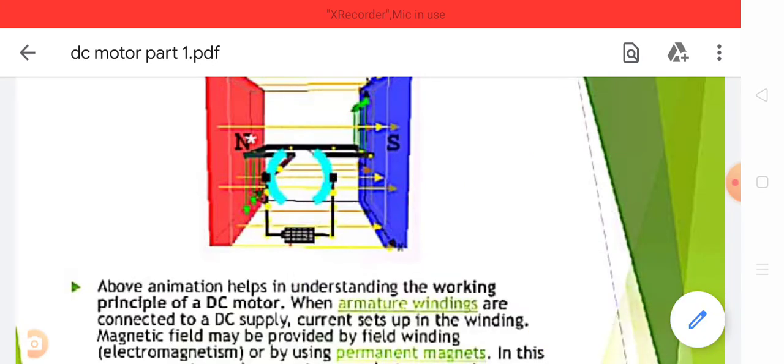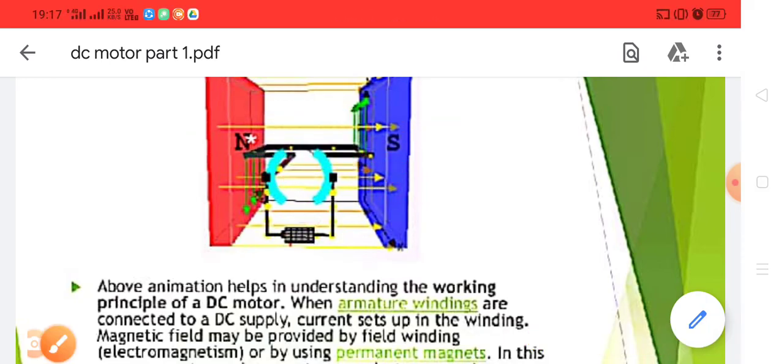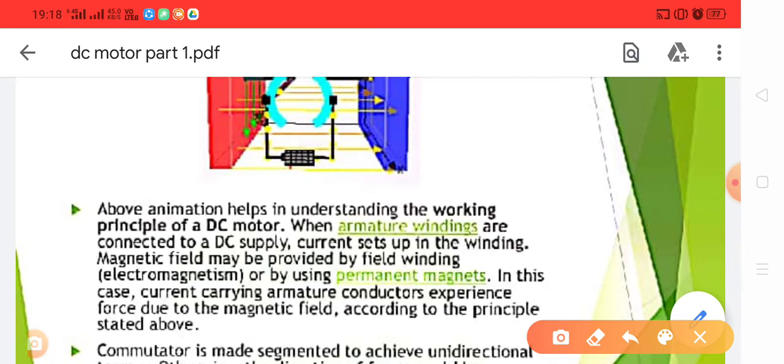So here you have two types of fluxes. One is due to north to south and one is due to the current carrying conductor. How can you get the direction of the force? Based on this, you have the two types of fluxes.